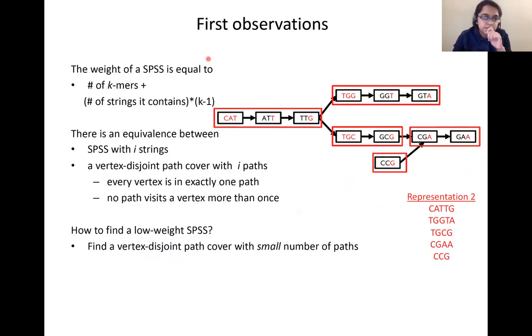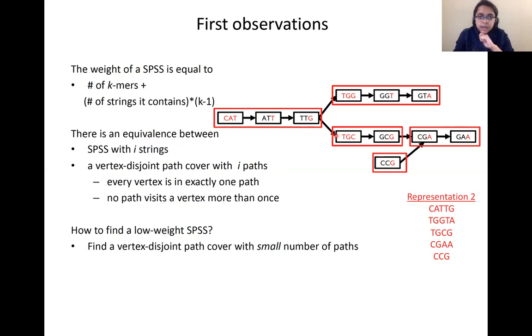So the first thing to observe is that the weight of an SPSS is the number of k-mers plus the number of strings in the SPSS set times k minus 1. This means in order to find a low weight representation, we have to reduce the number of strings in the set. For that, we notice that there is an equivalence between an SPSS with I strings and a vertex disjoint path cover with I paths. I'll explain that with the figure here.